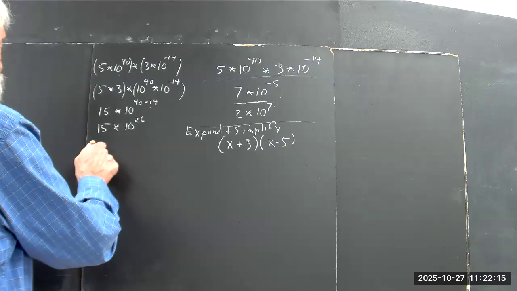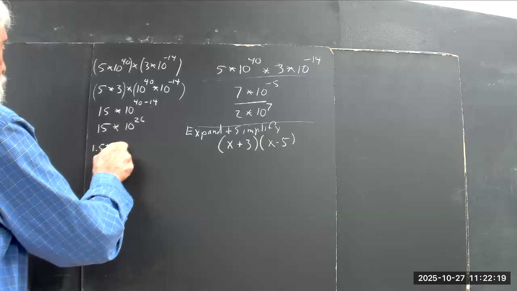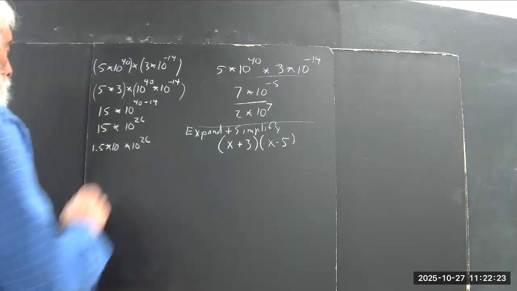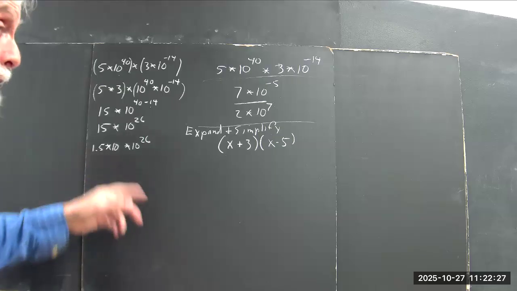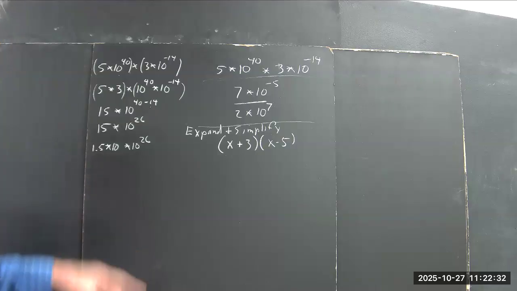Well, 15 is the same as 1.5 times 10. We understand that. 1.5 times 10 is 15. When you multiply by 10, you get to move the decimal over 1 place.